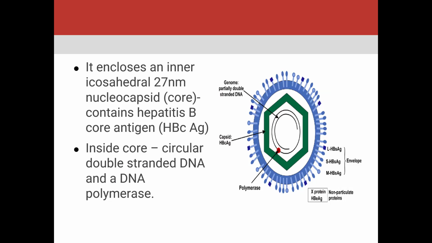The plus strand is incomplete and the other is complete, which gives a partial appearance of double stranded DNA and partial appearance of single stranded DNA. Inside is the polymerase enzyme, which repairs the gap in the incomplete strand and makes it a complete double stranded DNA.